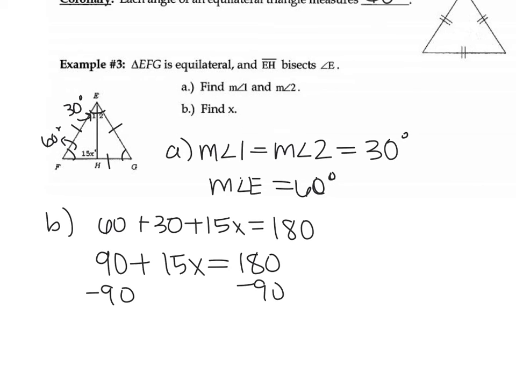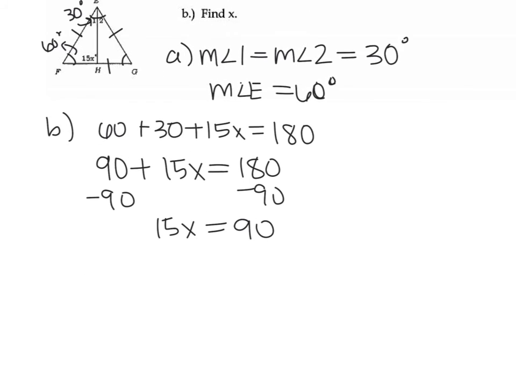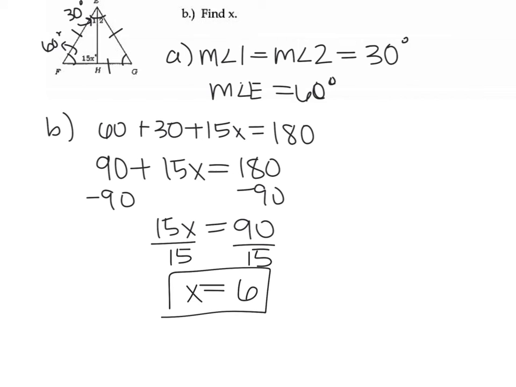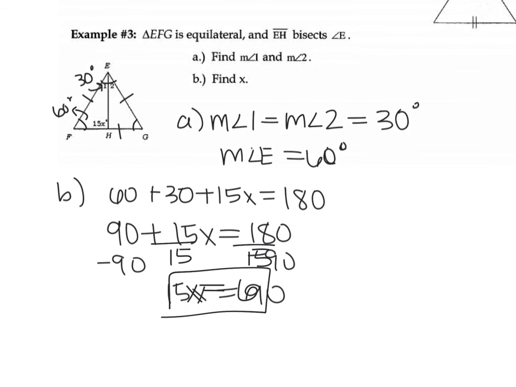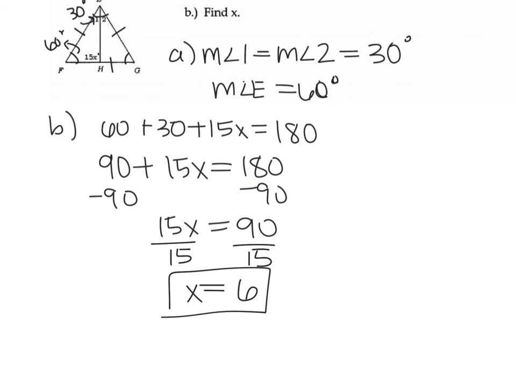Subtract 90, we get that 15x equals 90. Then we're going to divide by 15. And we get that x equals 6. 90 divided by 15 is 6. So we have solved for angles 1 and 2, and we found the value of x.